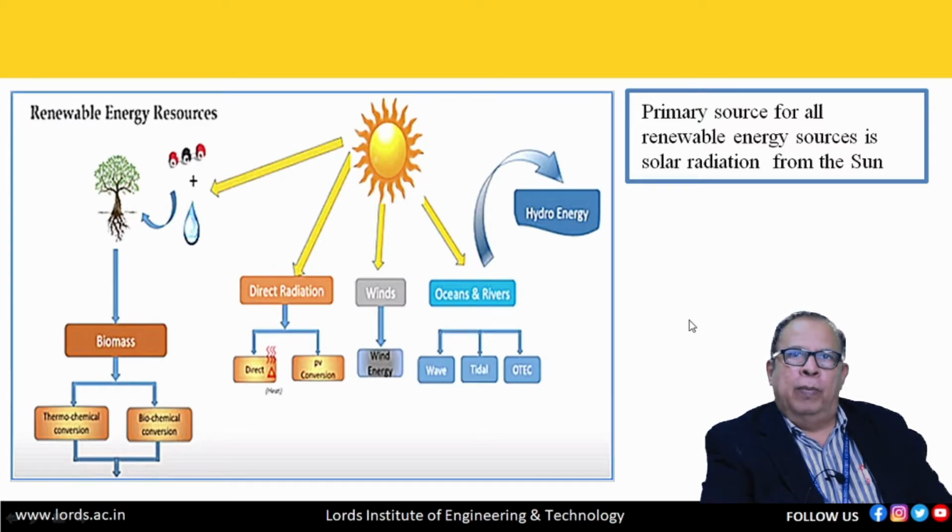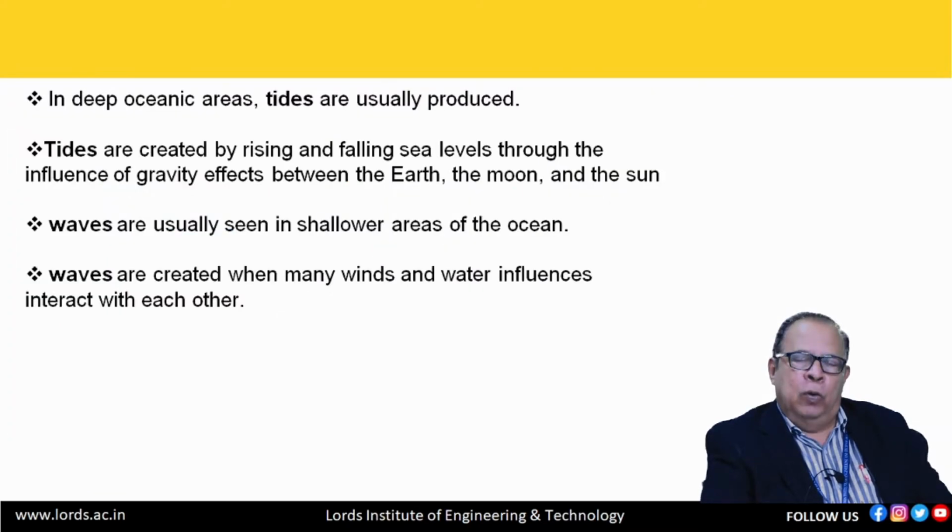Now, ocean energy. We utilize tides, we utilize waves, and we utilize the thermal gradient in the oceans to produce electrical power. Here you can see, in deep ocean areas tides are usually produced, right?